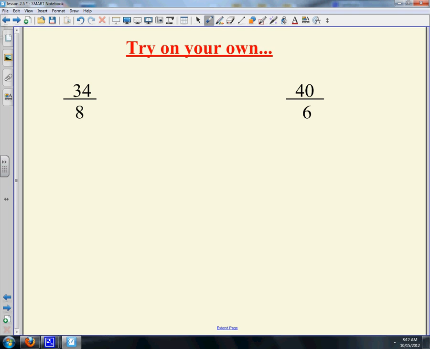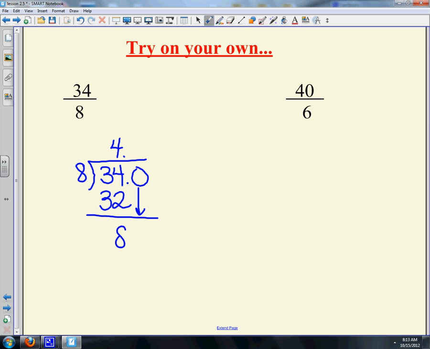Okay, so now I'm going to put my 8 out front. I have my long division sign into 34. So 8 goes into 34 4 times, which is 32. I'm going to add my decimal and bring my 0 down. This becomes 2 and this becomes 0.